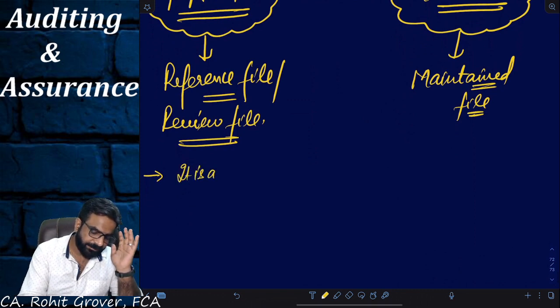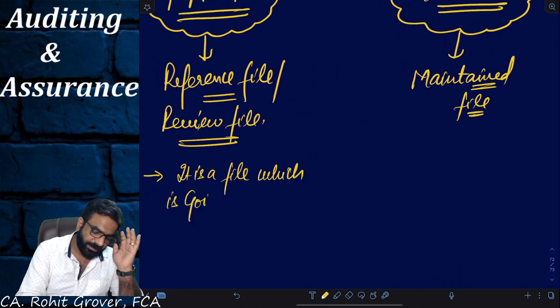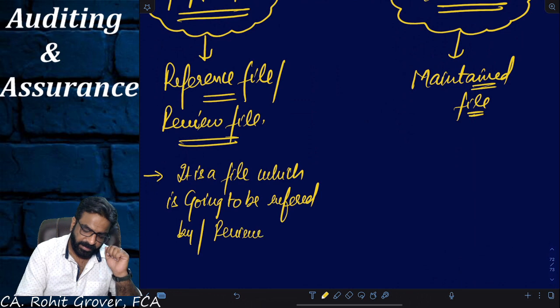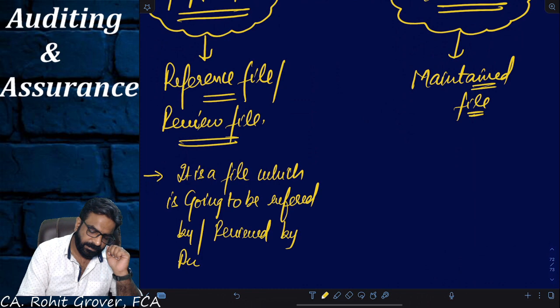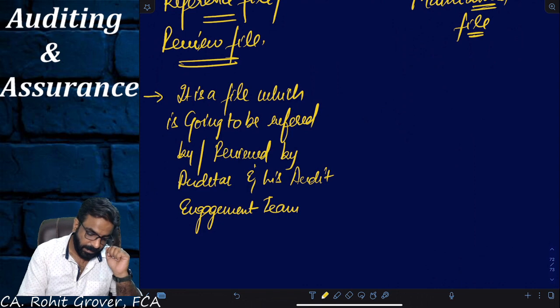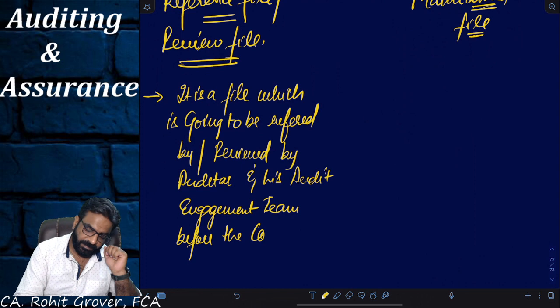It is a file which is going to be referred or reviewed by auditor and his audit engagement team before the commencement of current year audit.